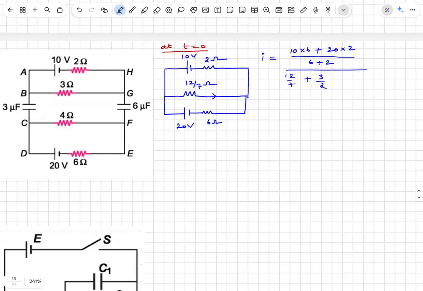By any chance, can you quickly give me the value of this? 60 plus 40, 100 by 8. 24 plus 21, 45 by 14. Okay, now we have good numbers. 20 by 9 into 8 into 14. What best I can do is 7, 4.